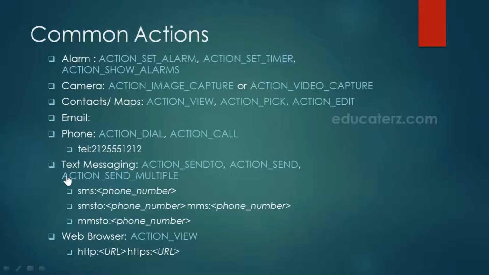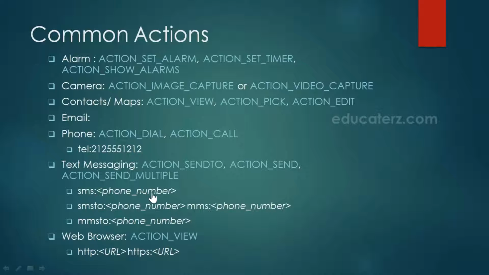The email application and text messaging application mostly will have the same kind of actions, like action send to and action send multiple. If you want to send a message to only a single person, we use action send to the particular recipient. And if you're trying to send to more people, then we use action send.